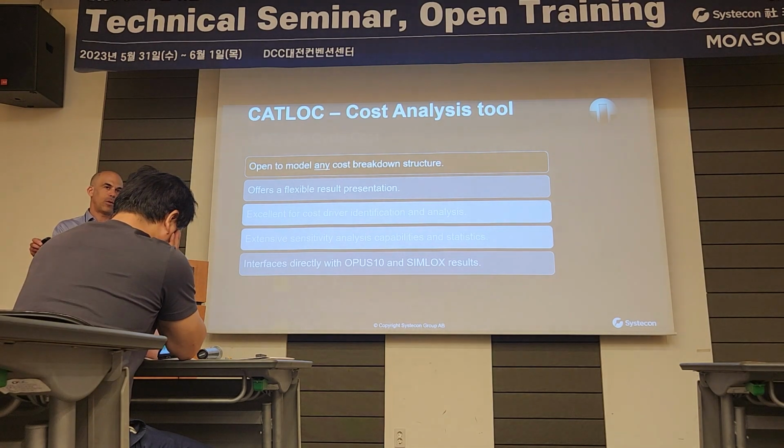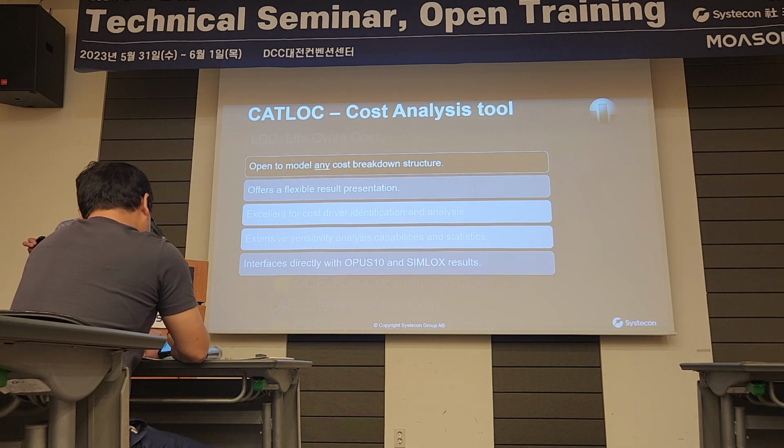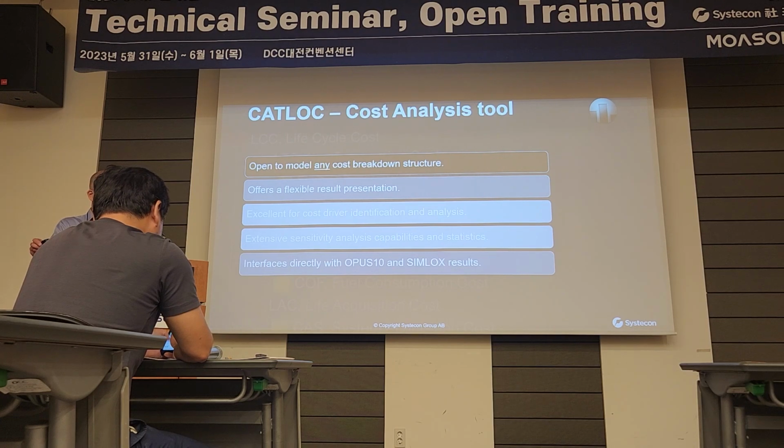When you start CATLOC, it's completely open, so you can build any cost model that you like, any cost breakdown structure. It has a quite flexible result presentation. I think you have seen a little bit of that yesterday when we used it to analyze the cost model from OPUS 10. It's excellent for cost driver identification and analysis.